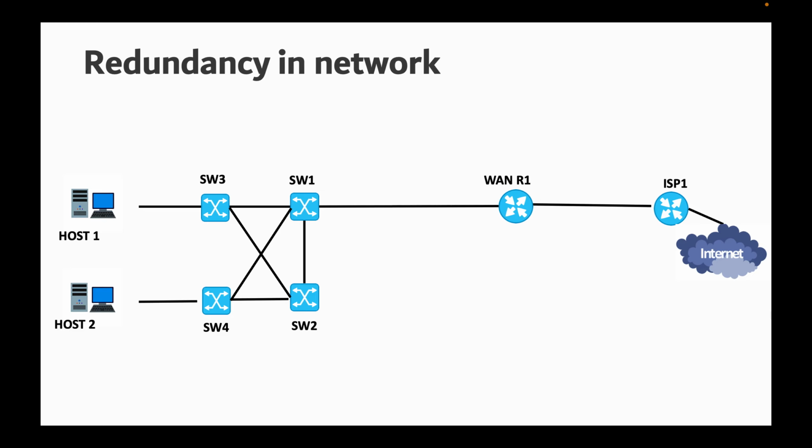Anything can fail in your network, right? A router power supply might fail, or a cable might break, or a switch might lose power. And very important, even this WAN link might fail. The failure of a single component might mean an outage, and that will affect the end users.